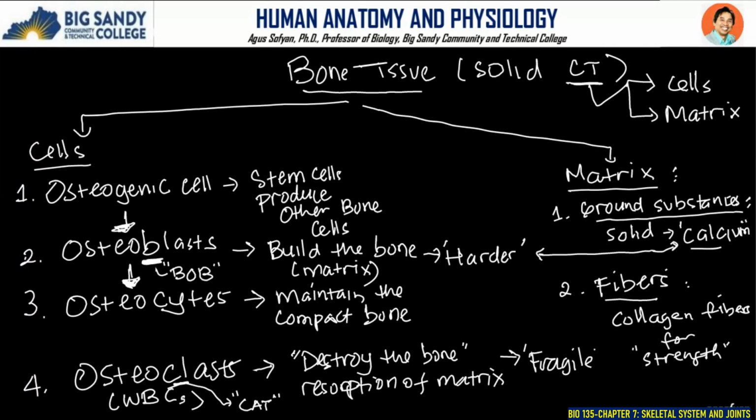So this is the osteoclast, cat, the destroyer. Okay, so it's very important to remember the name and also the functions. And I already showed you how to make it easy to remember the names and also the function of these different cells in the bone tissue.